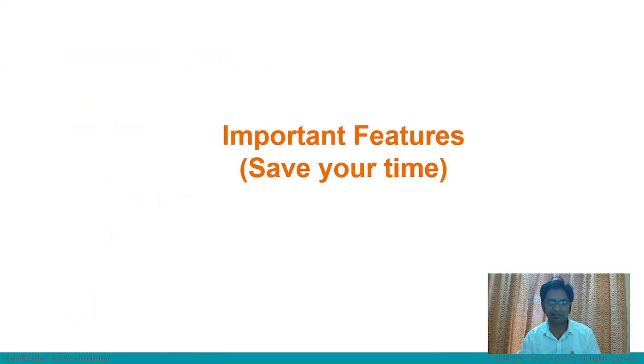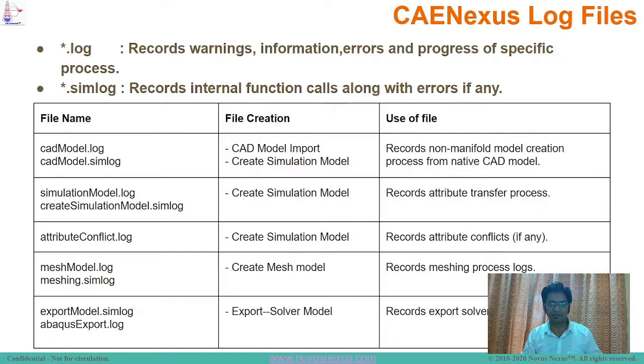We'll first see some important features which will assist analysts and will save a lot of their time. The first is the CAENexus log files. CAENexus generates some log and simlog files which include warnings or errors related to the CAENexus process.